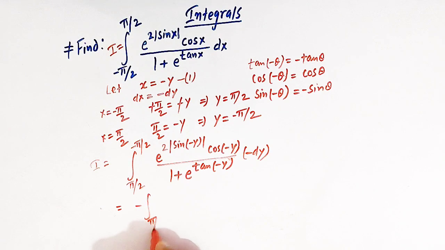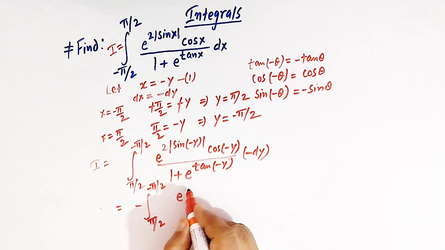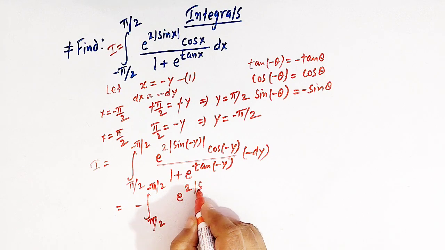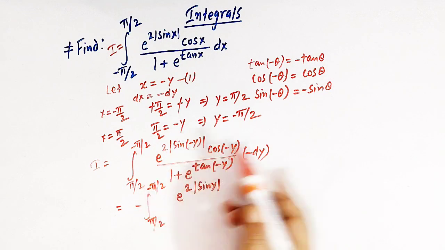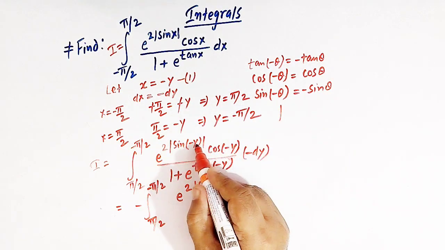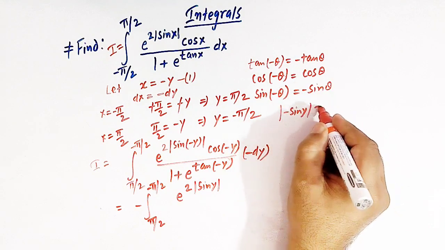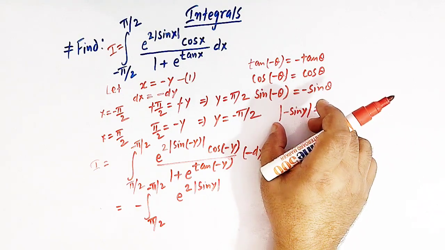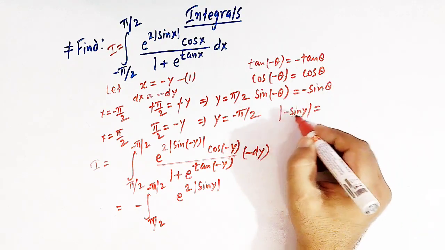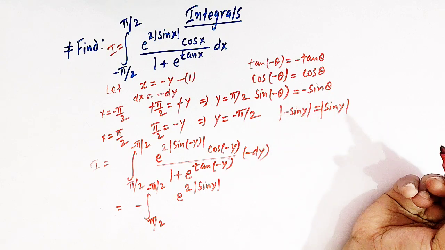So we have pi by 2 to minus pi by 2, and e raised to 2 times mod of sine y, because sine of minus y is minus sine y, and minus sine y is in the mod function, so mod of minus sine y is simply mod of sine y.